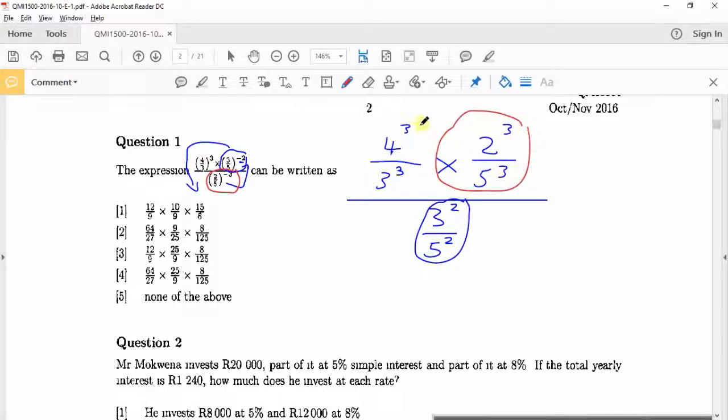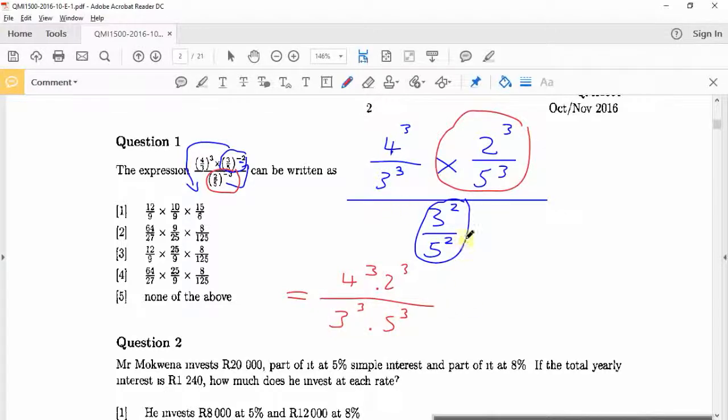Alright, now I just need to do some simplification here. Let's multiply everything out. Okay, let's keep red, it's fine. So then 4 to the 3, 2 to the 3, divided by 3 to the 3 and 5 to the 3.